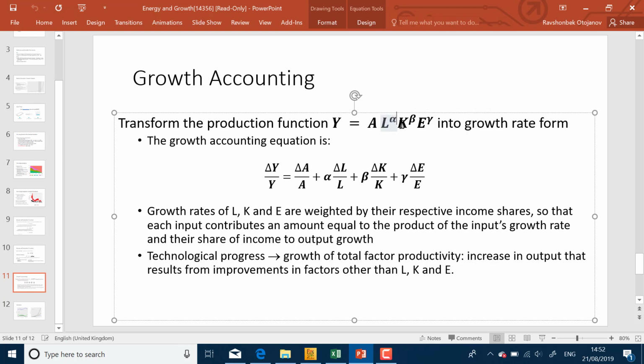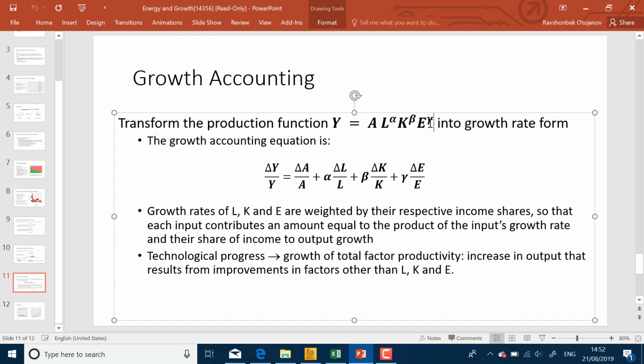For example, alpha: the higher this alpha, the more important the L is to the growth of output. Or the higher the beta, the higher the importance of capital in the growth of output, and the same with gamma as well.